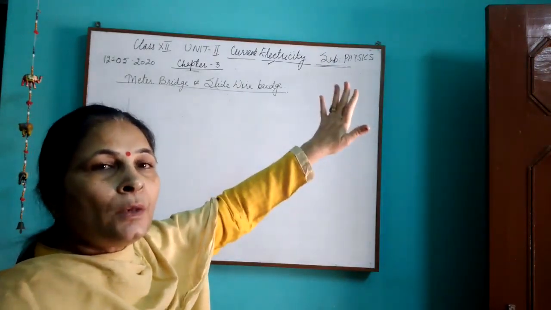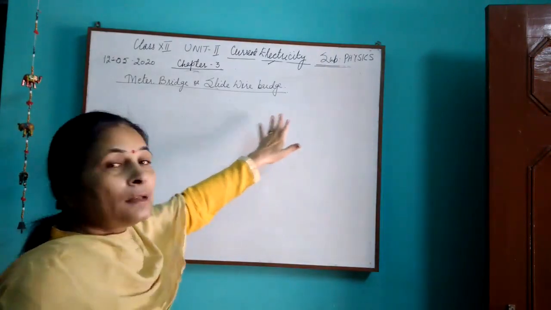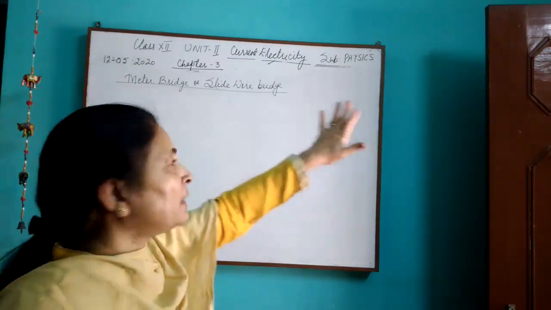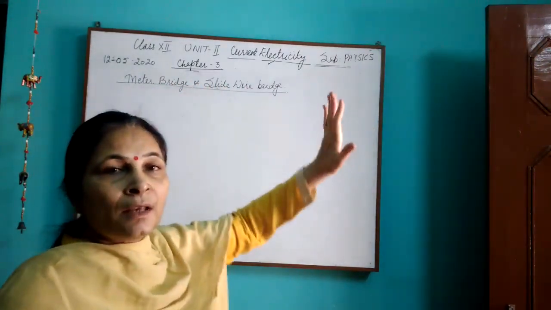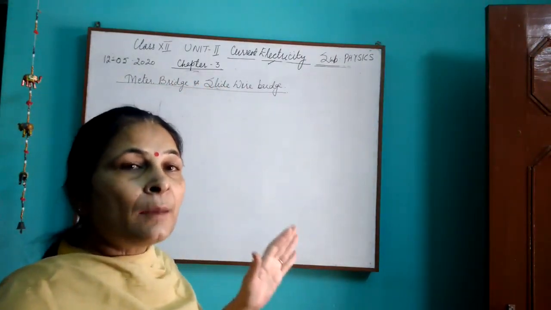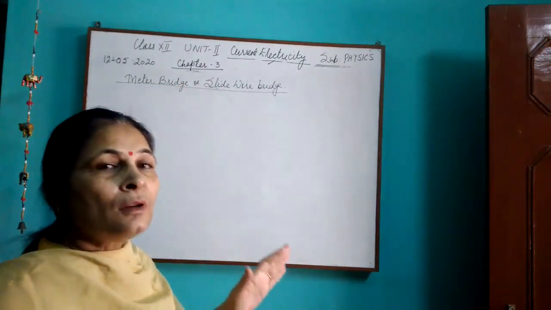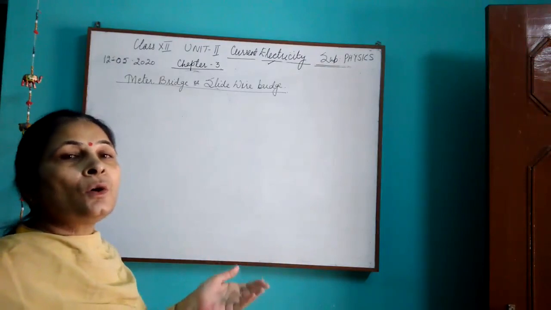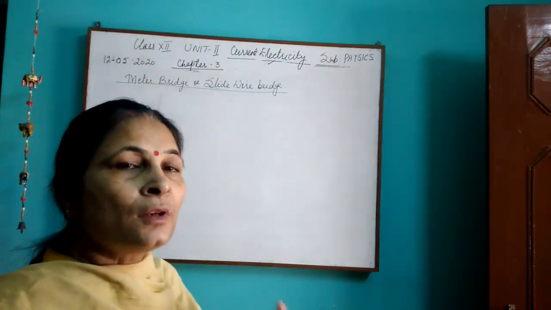We'll be doing only one application of the balanced Wheatstone bridge, that is the meter bridge or slide wire bridge. I am again repeating, this works on the principle of balanced Wheatstone bridge.